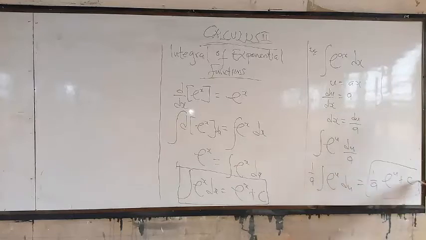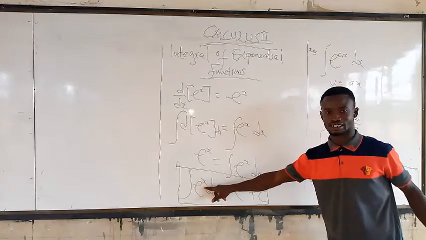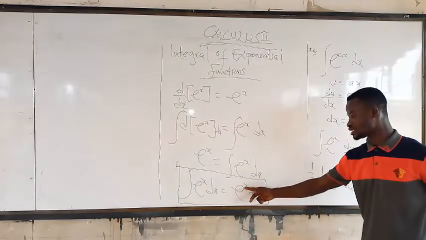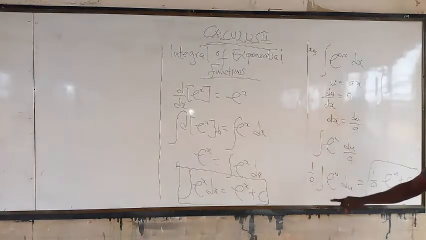Simple. So anytime we get a constant coefficient here, if it's 2, you are going to get 1 over 2 of that.